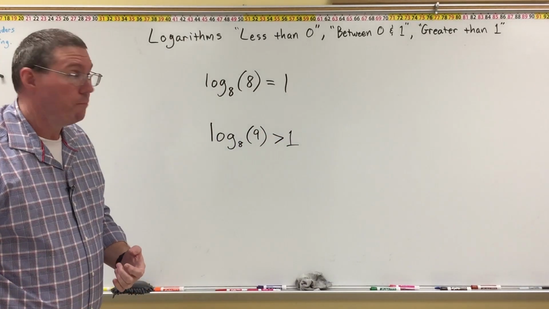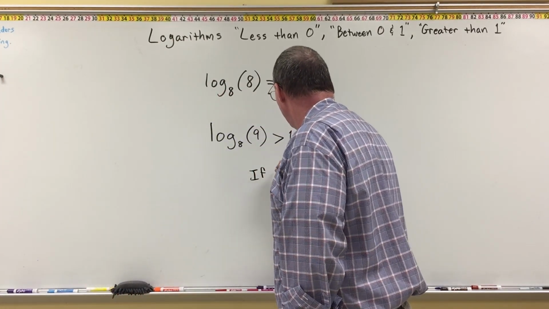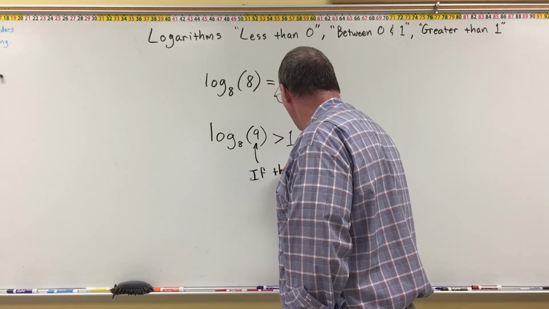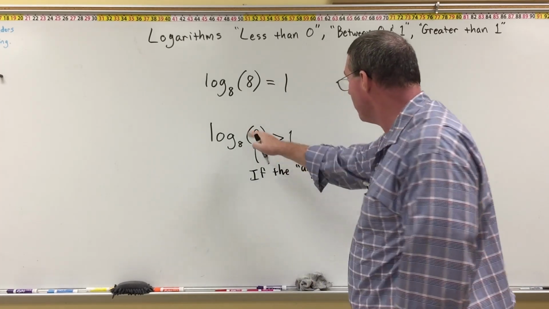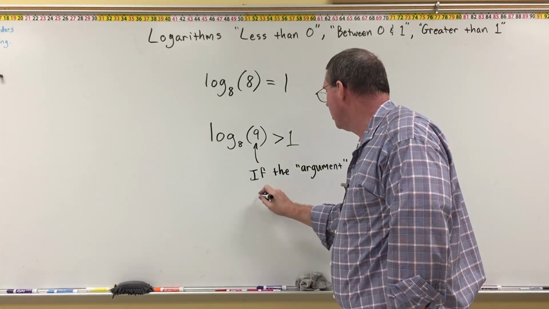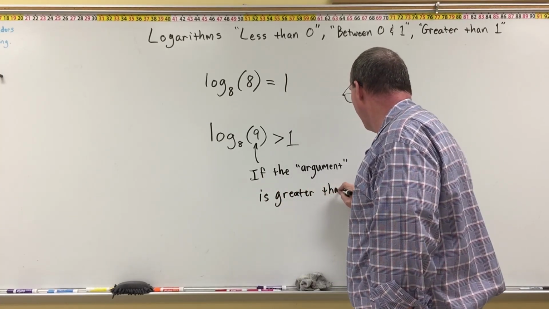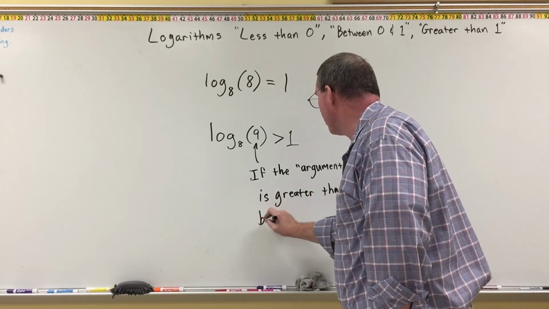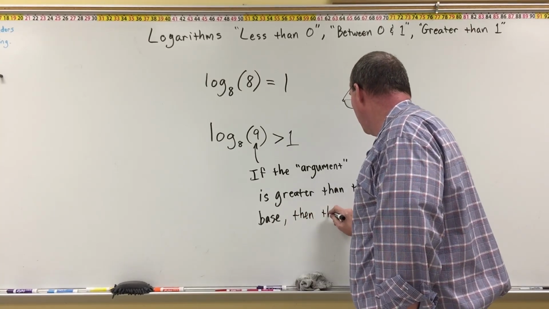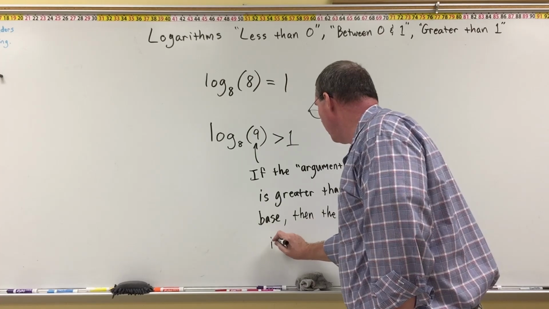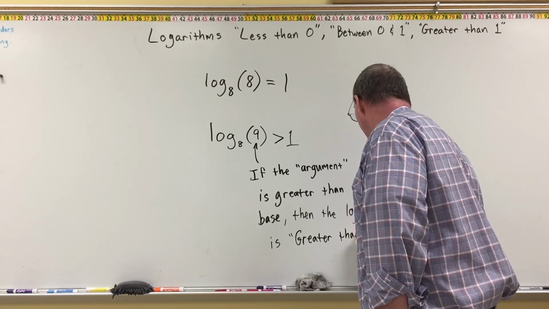So the rule for choosing greater than 1 is if the argument, the number that's in the parentheses, is greater than the base of the logarithm right here, then the logarithm is greater than 1.